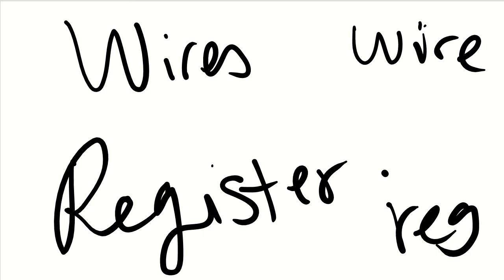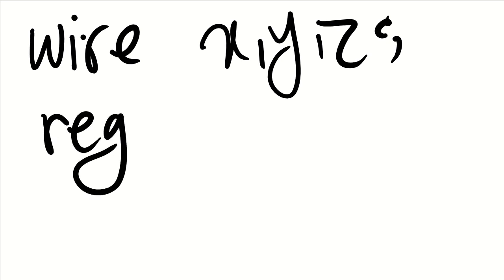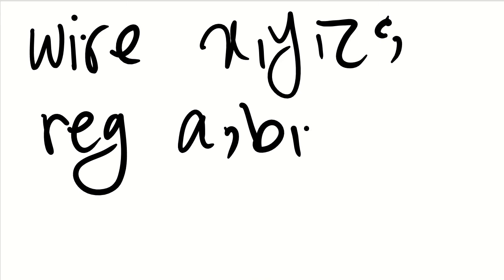Okay. So if you want to declare, for example, 3 wires, the way to do it in Verilog, you type wire, and then you say X, Y, and Z, semicolon. So if you do this, you're declaring 3 wires. And for example, if you want to declare three registers, you say reg A, B, C. And then let's say you have created a module to do something.